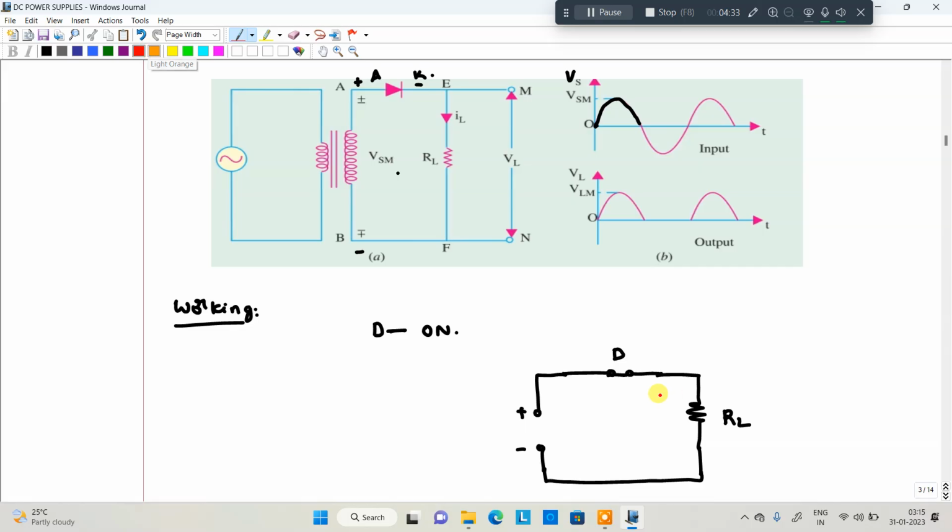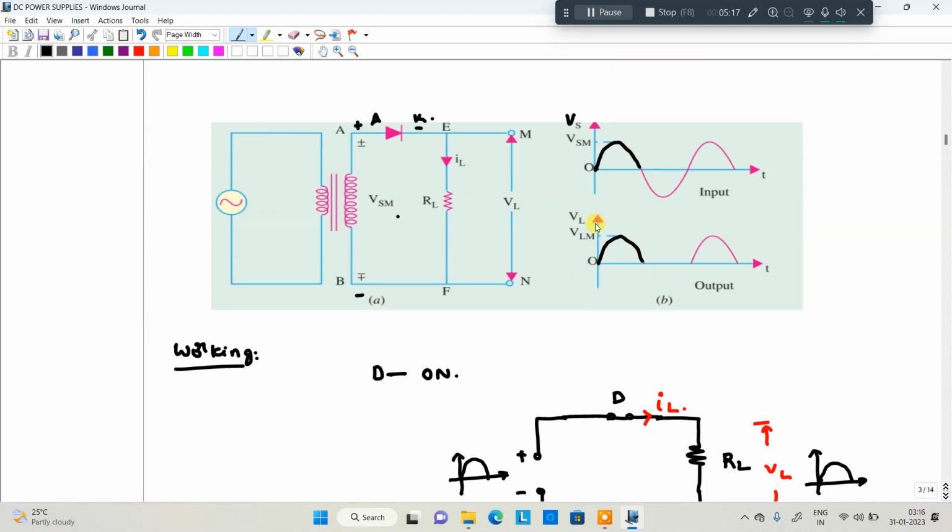The current flowing through this circuit is IL, and the voltage between the output terminals is VL, the output voltage. The positive half cycle given as input appears the same at the output, because the entire thing is in parallel with the input, with no resistors in between. This is the positive half cycle waveform.